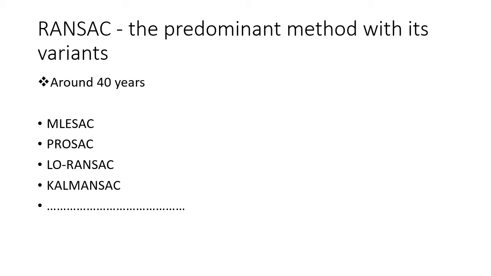In standard RANSAC, all the correspondences are treated uniformly, and a random sample is drawn uniformly, whereas in MLESAC it is non-uniform sampling based on some guiding information. In PROSAC also, they take the sampling based on the top-ranked correspondences.